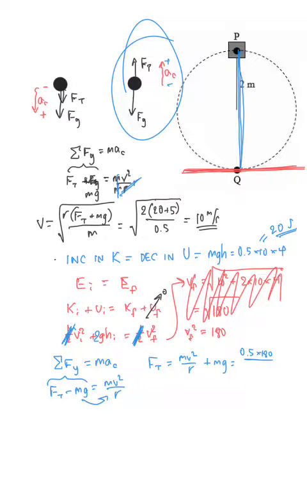The r, which is the radius of the circle, not the diameter, is 2 plus 0.5 times 10, which is 5. This simplifies to 0.5 times 180, which is 90. 90 divided by 5 is 18, plus 5 gives you 50. So 50 newtons of tension when the object passes through point Q.